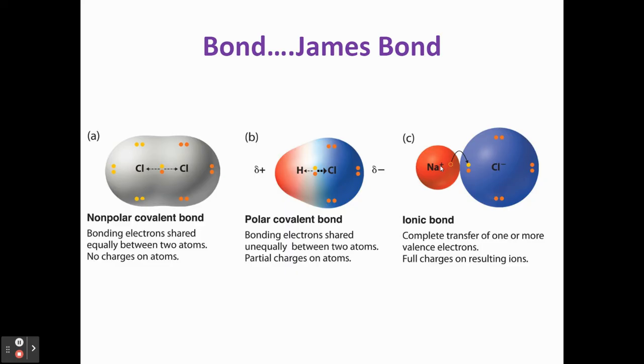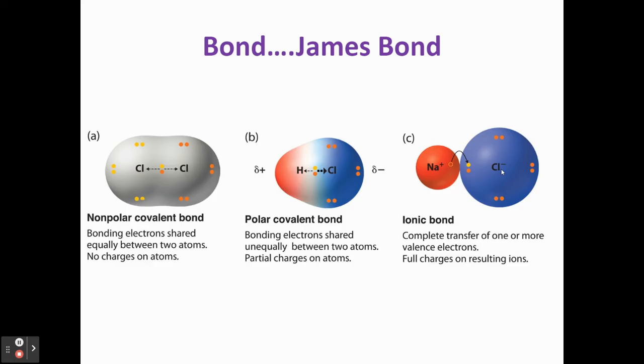However, when chlorine and sodium are near each other, chlorine is going to steal one of the electrons from sodium. Sodium wants to give that electron up. And when it does that, sodium, which was neutral with its electron, now becomes positive, and chlorine, when it gains an electron, now becomes negative, and that forms what we call an ionic bond.